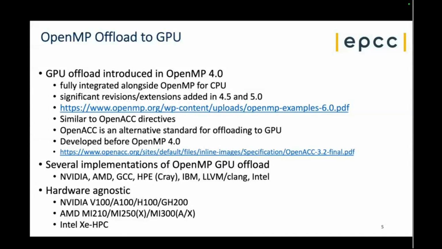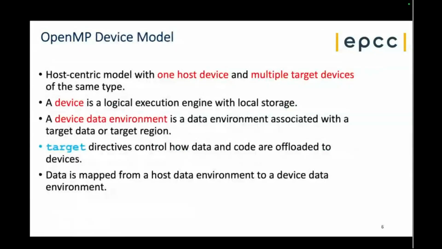One of the nice features of OpenMP is that it's vendor agnostic. So no matter if you're using NVIDIA hardware, AMD hardware, or Intel, OpenMP can work on all of these GPUs. OpenMP asks to do some abstraction of the GPU.